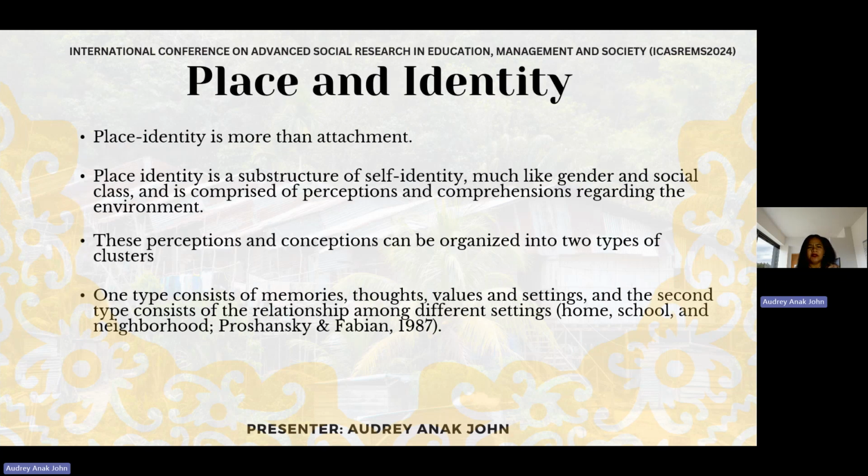And place identity is more than attachments, okay? The relationship between place and identity, these perceptions are organized into two types of clusters, which is based on the memories, and the other one is based on the relationship among the different substances.